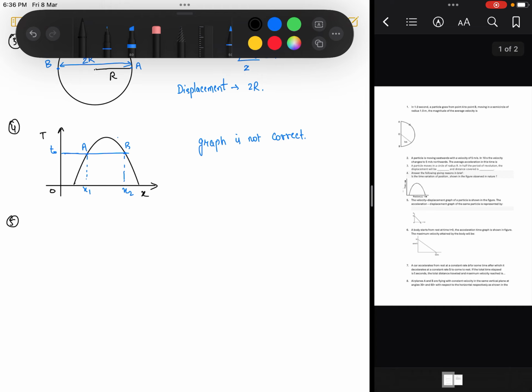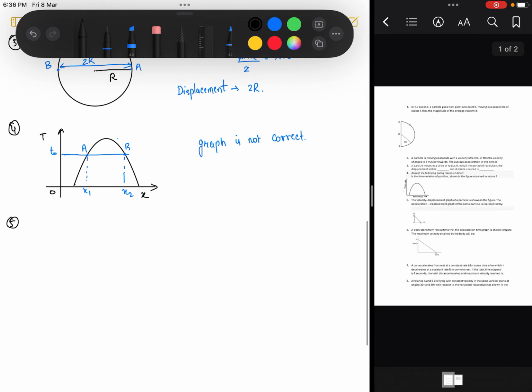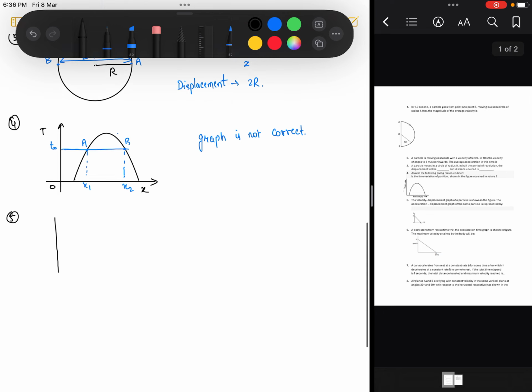So a velocity displacement graph is given, that is a straight line graph. So this position is v naught, this is x naught, this is origin. We have to draw the graph of acceleration and displacement.